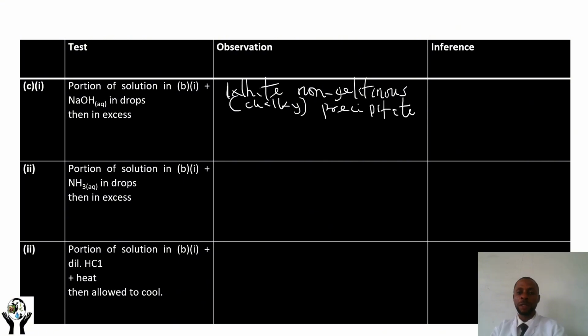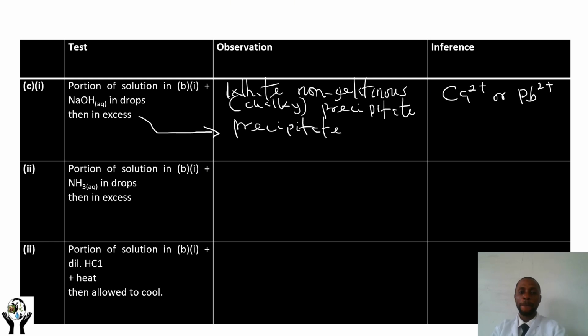And the inference for that is going to be either calcium ion or lead ion is present. Then when you add in excess, the precipitate dissolves, or you say the precipitate is soluble in excess sodium hydroxide. That is for only lead ion, which is soluble in excess of sodium hydroxide.